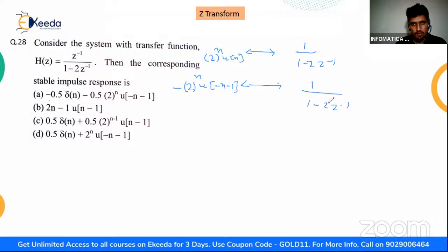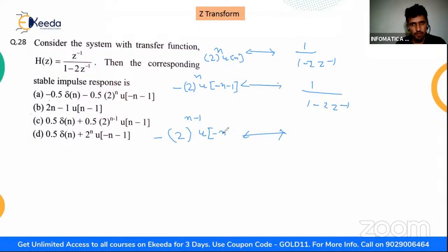This is the standard Z transform for standard signals. Now we will do z inverse here. What that means is that n is replaced with n minus 1. So we will do that. So n is replaced with n minus 1, and here we will get u of n replaced with n minus 1.